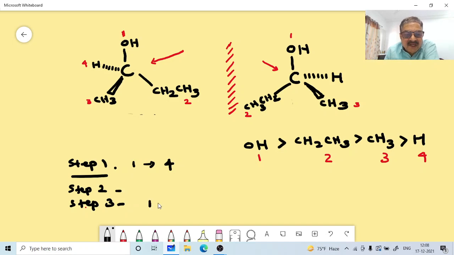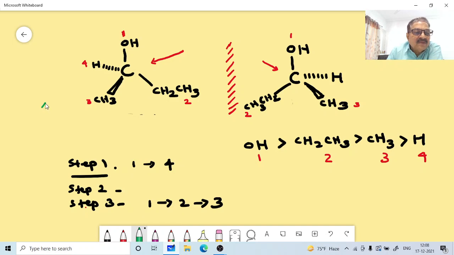In this case, we can designate one as enantiomer A and the other as enantiomer B.